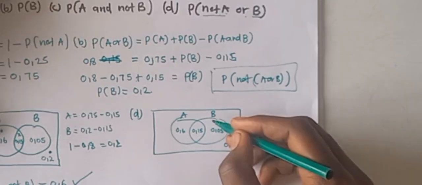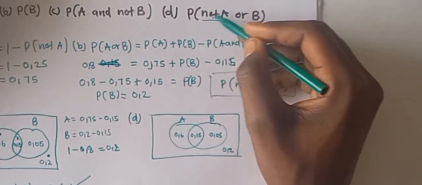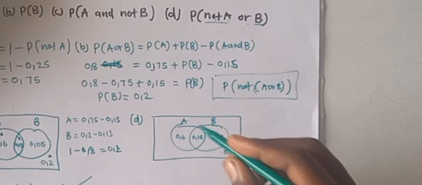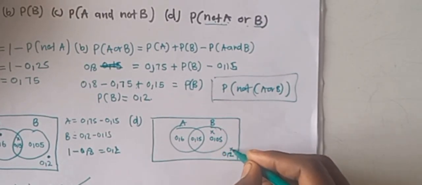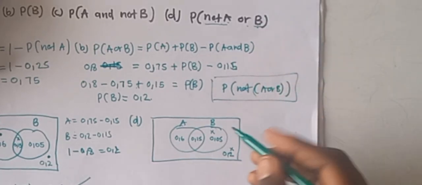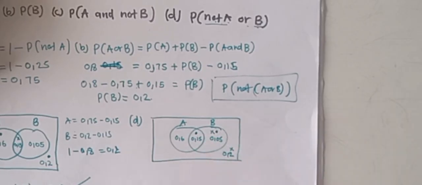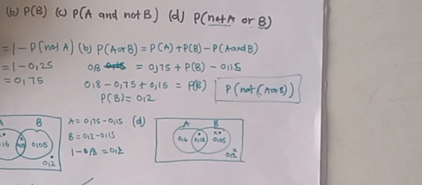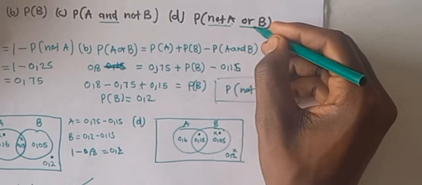So here's the Venn diagram, guys. They need the probability of not A, so we have to mark everything that is not A inside our Venn diagram. This is not A, and also this one is not A. But they want everything that is B there. This one is B, and also this one is B. So what do we do? We differentiate between this: this one is AND and this one is OR. OR means either one.